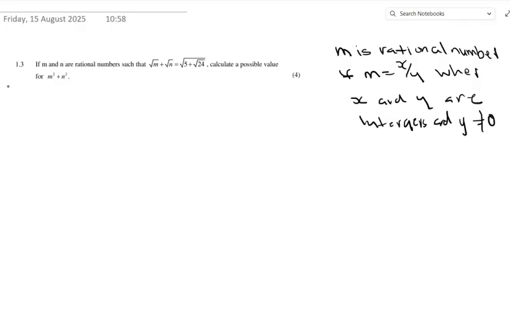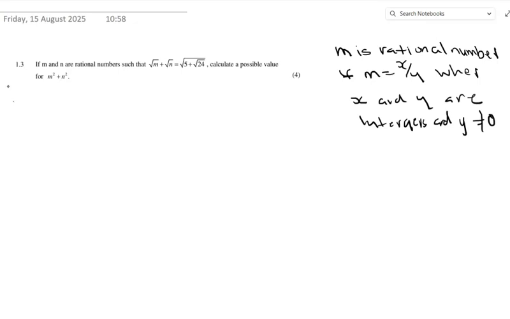So the question says, assume m and n are rational numbers such that the square root of m plus the square root of n is equal to the square root of 5 plus the square root of 24, all of them in square root. So we need to calculate the possible values for m squared plus n squared.